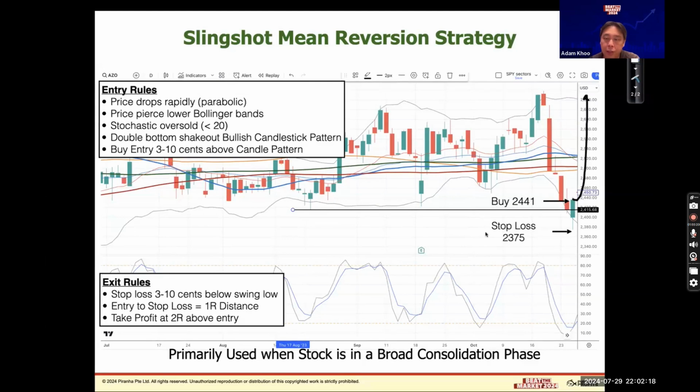What's my 1 hour distance? 2441 minus 2375, my 1 hour distance is $66. This is also my risk per share. Every share I buy, I'm risking $66. My profit target, I target 2R, will be 2573.